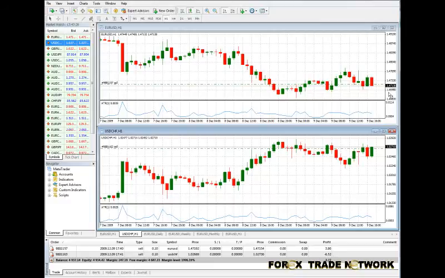Then when it moves into a profit, you might want to sell the US dollar Swiss franc, and that will actually help to protect some profit, because if you sold it and this is moving down, then if the euro dollar US dollar goes back up, it's moving against you.